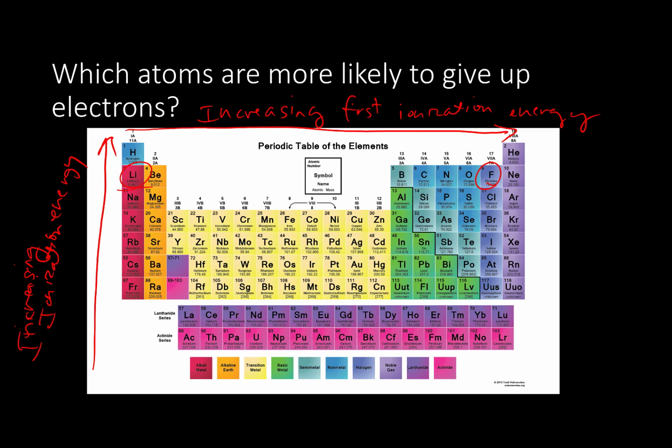Now, when we talk about the vertical trend, again, the harder it is to remove an electron, the higher the ionization energy. So here we have the case where as you get lower on the periodic table, the outer shell becomes farther away from the nucleus. That means the nucleus is exerting less force on those outer electrons to pull them in.